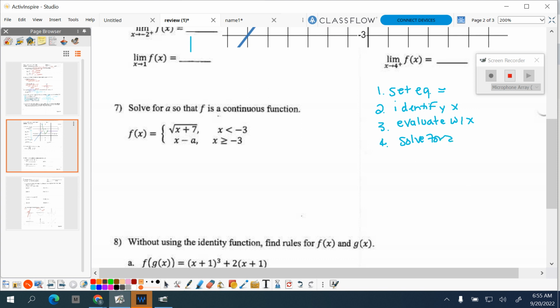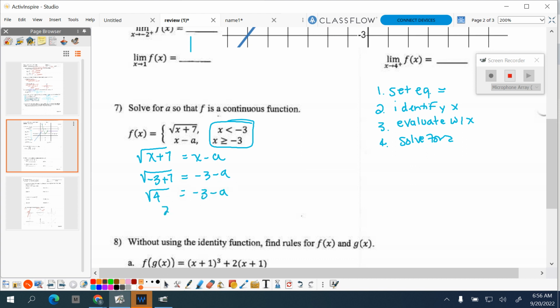Okay, so I'm going to set these equal to each other. The square root of x plus 7 equals x minus a. Then I have the square root, and x equals -3, equals -3 minus a. The square root of 4 equals -3 minus a.